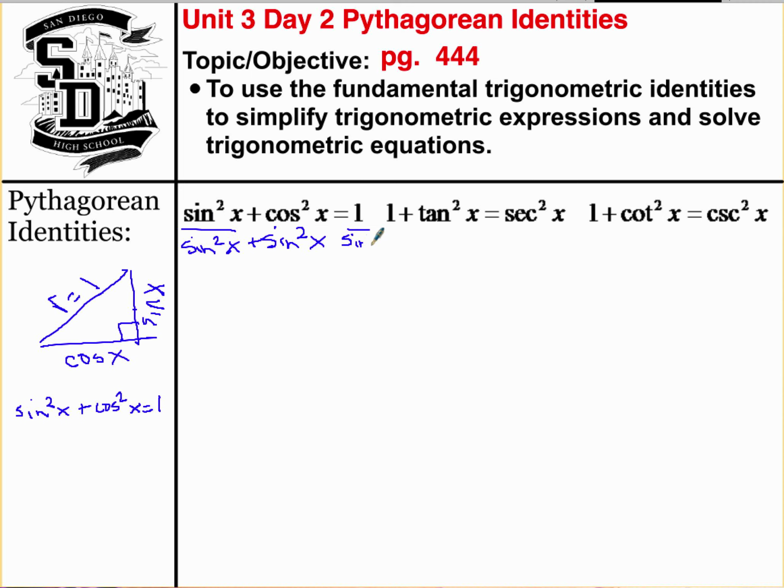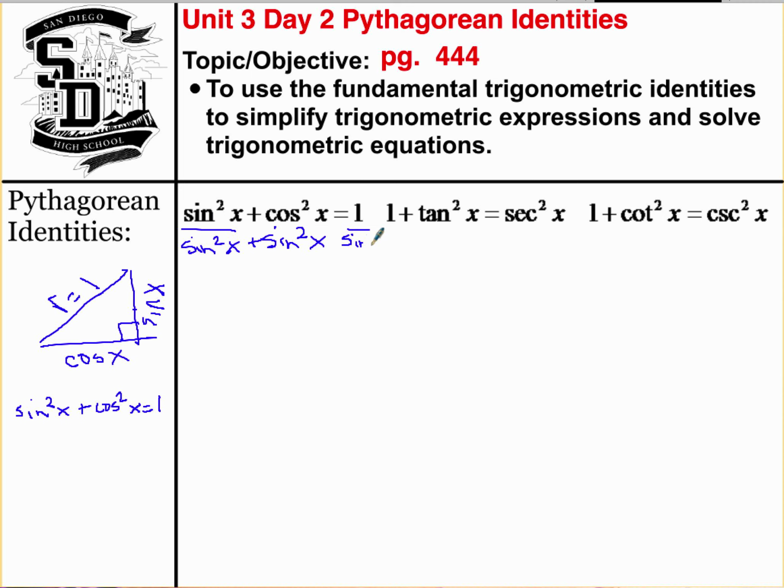So I would get secant squared minus tangent squared. So if I see a 1, I could replace it with secant squared minus tangent squared. Or if I saw something that said secant squared minus tangent squared, I could write a 1 instead.